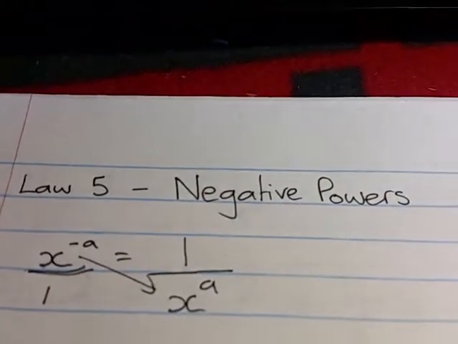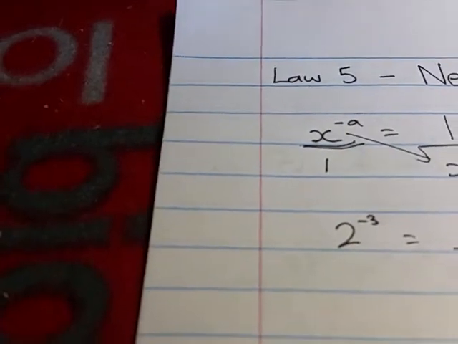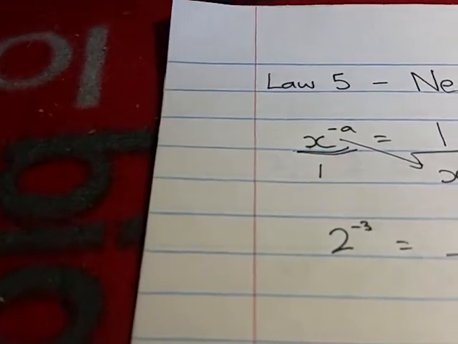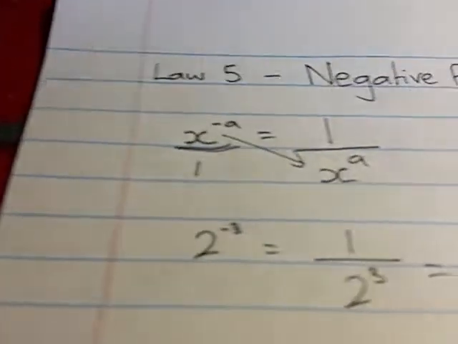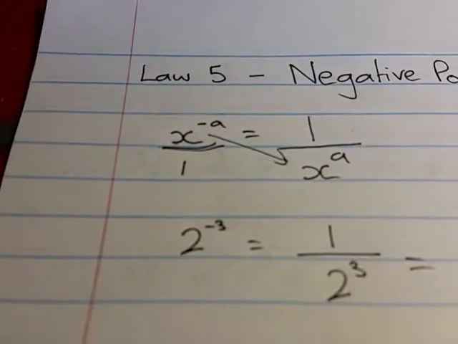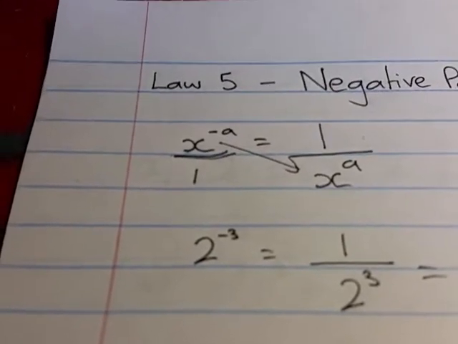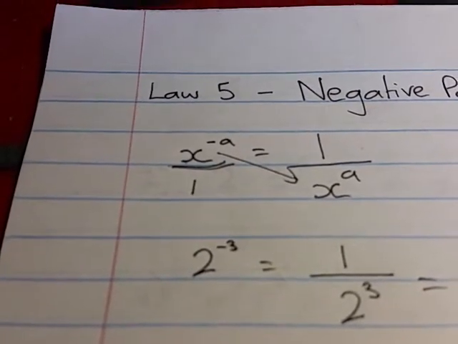So in our next example, you note we have 2 to the negative 3. That 2 drops down, becomes a denominator, and that 3 becomes positive. So you end up with 1 over 2 to the 3.